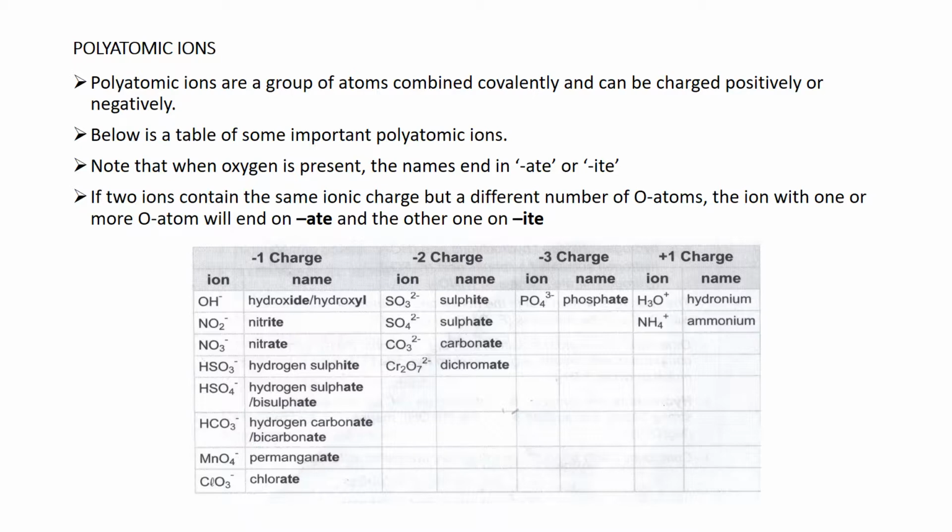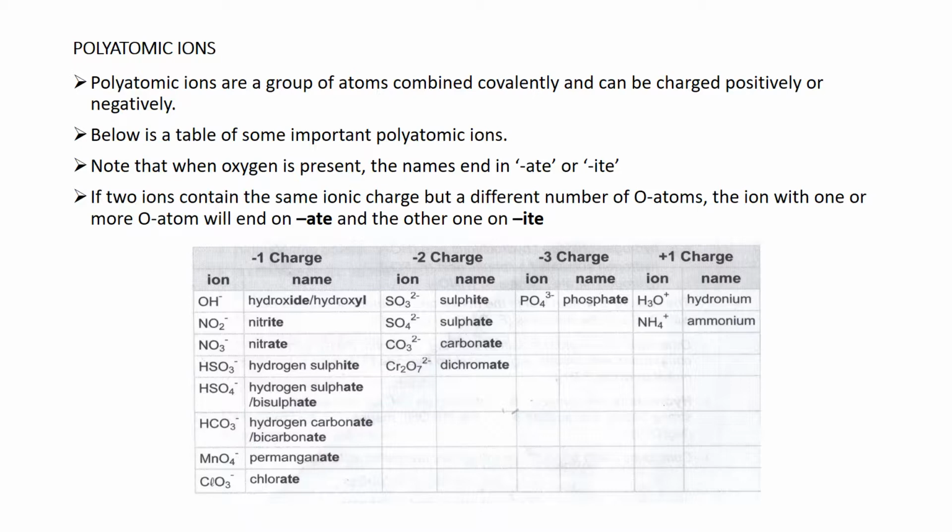You should note that when oxygen is present, the names will end in ATE or ITE. So how do you know when the name will end in ATE or ITE? If you have two ions containing the same ionic charge, take for example SO3 2- and SO4 2-, but they have a different number of oxygen atoms, the ion with one more oxygen atom will end in ATE.